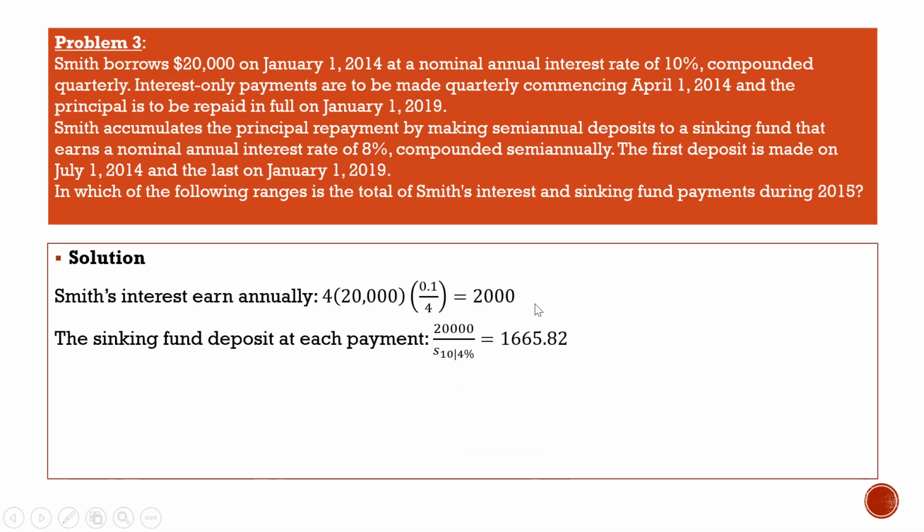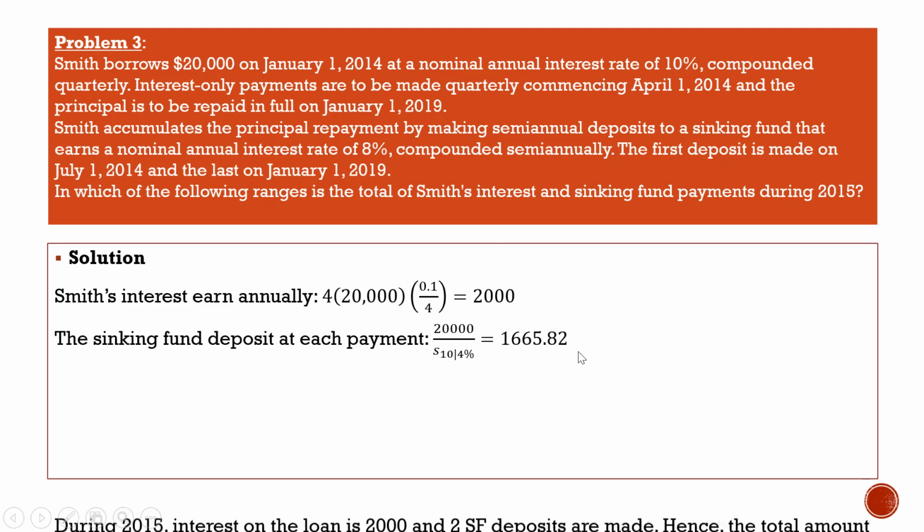And the sinking fund deposit at each payment is 20,000 over s angle 10 at 4%, because the first deposit is made on July 1st and the last one on January 1st, 2019. So this SF series of payments consists of 10 payments. So the sinking fund deposit at each payment is 1,665.82.